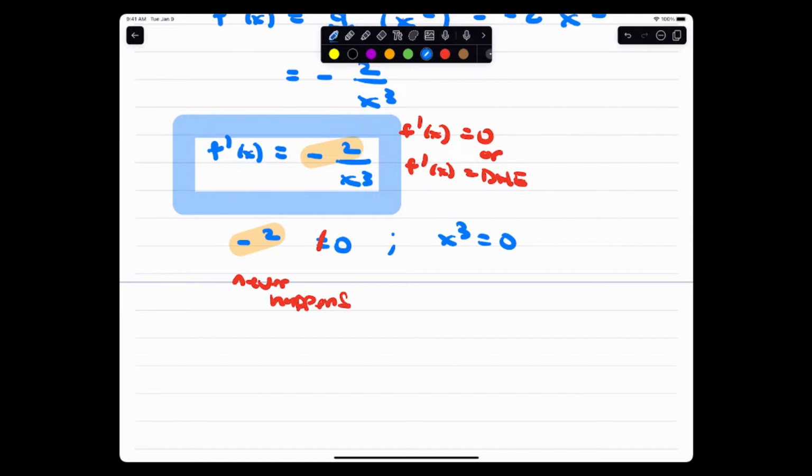Hey, guess what? X cubed is 0 happens when x is 0. But what's the problem here? I'm going to have to throw this out. Why do I throw it out?